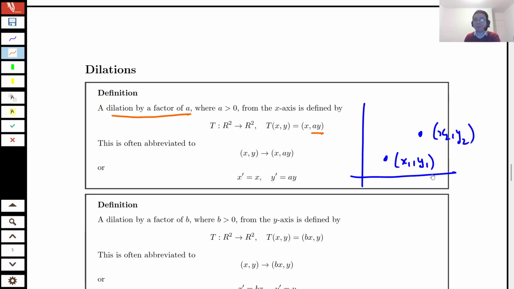Now, what this does is, again, you need to notice, I'm dilating away from the x-axis. So here I've doubled the y value, and here I've doubled the y value as well. Notice x stays the same, and y changes.